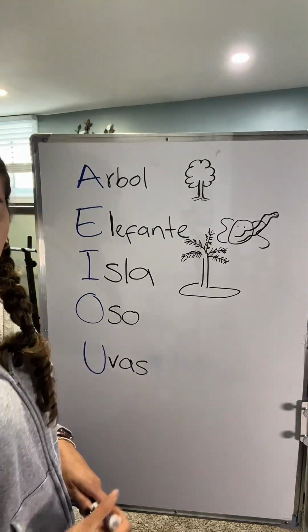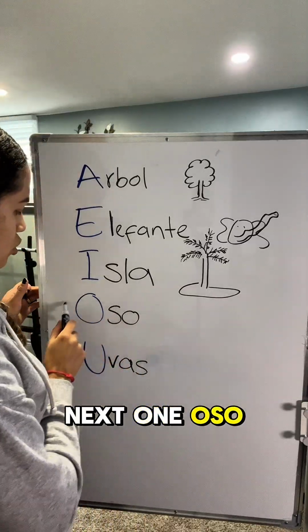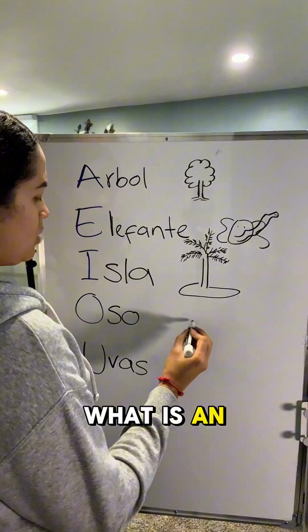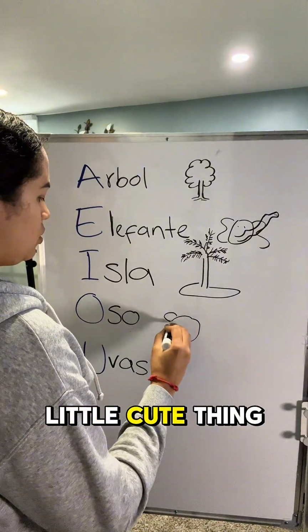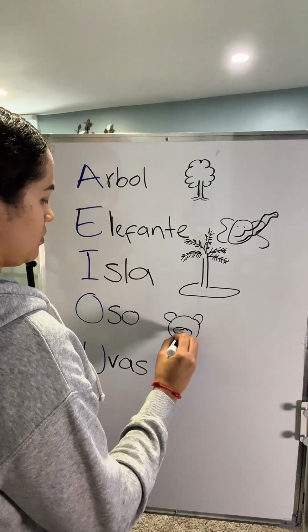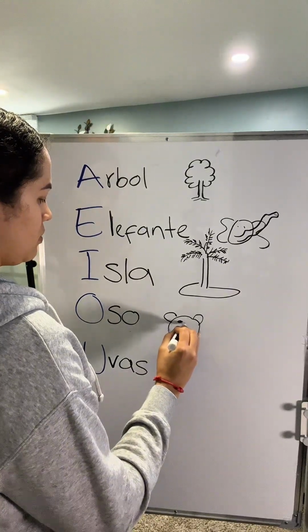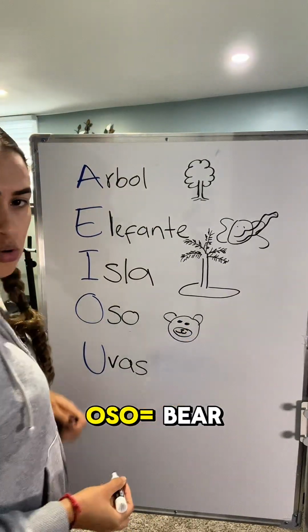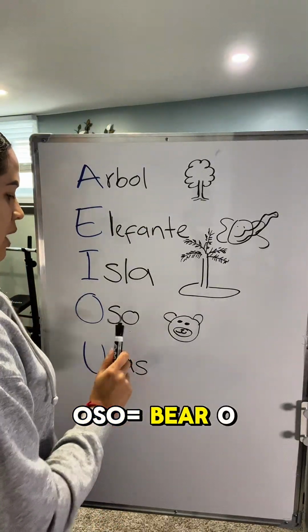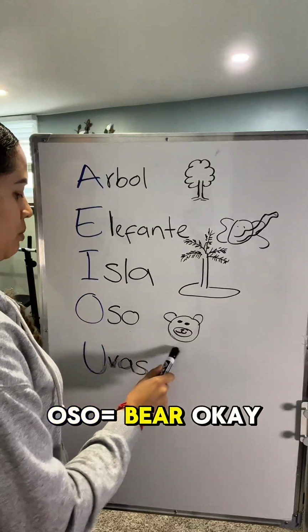Okay? Next one. Oso. O, O. Oso. What is an oso? It's a little cute thing. Oso, bear. O, O, oso, bear.